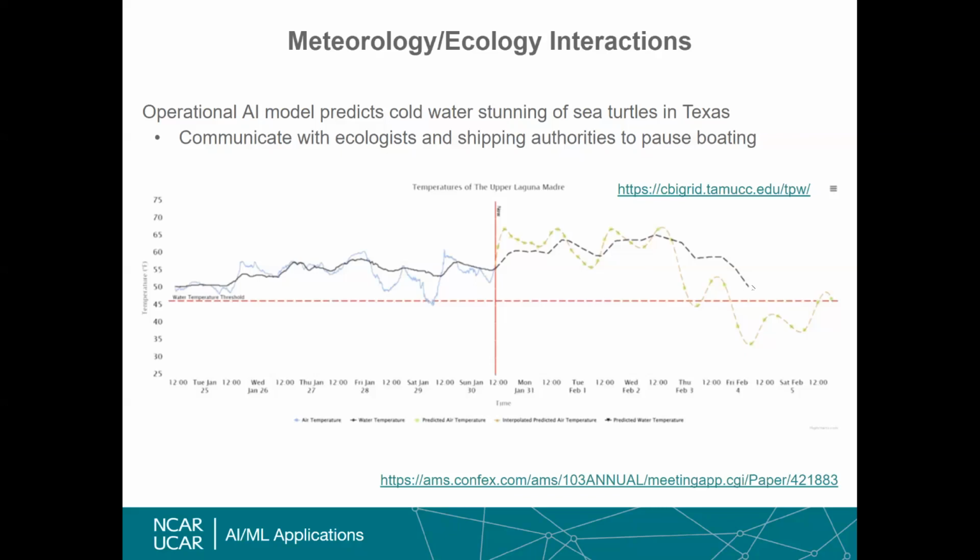And so here you can see an example where we're at the 4, 5, 6 day range here, and we're looking where the water temperatures are starting to approach the threshold for the sea turtles to be impacted.